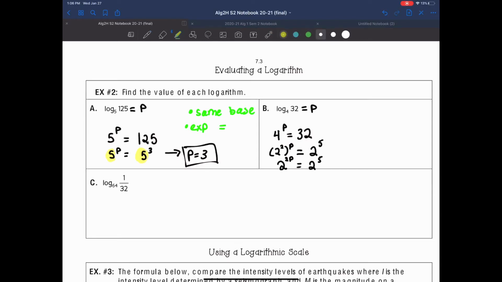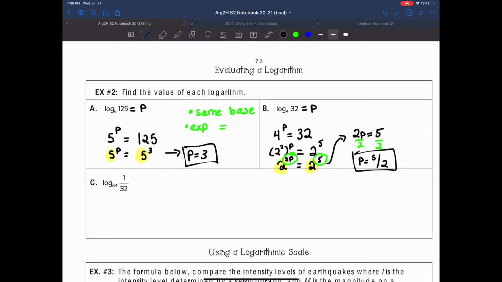Once again, I have the same base on either side of the equal sign, so I can set the exponents equal. So 2p is equal to 5. Again, I'm taking these exponents, setting them equal to each other, and then I'm going to solve for p. Let's divide both sides by the 2, and we get p equals 5 over 2. So the logarithm base 4 of 32 is equal to 5 over 2.